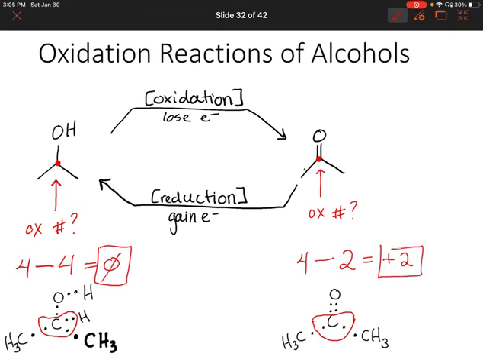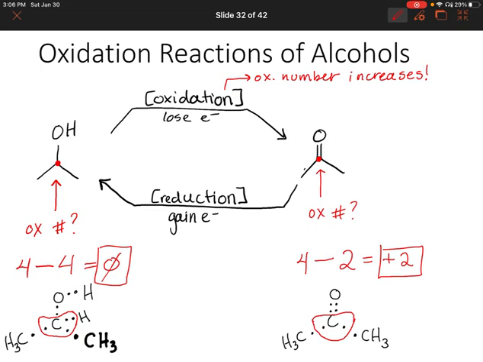All right, so if we're going from an alcohol to a ketone, our central carbon there is losing electrons, or its oxidation number is increasing. Now again, that's in reference to the central carbon that's bonded to the functional group.